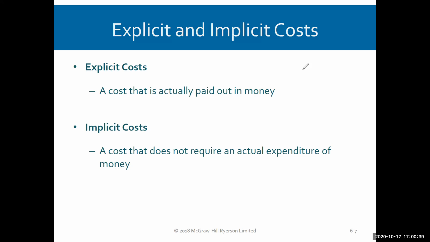But we also have something called implicit cost. And we're getting at opportunity costs here. It is a cost that we account for, but it doesn't require an actual expenditure of money. Like, what the heck does that mean if we're not actually paying out any money? It's like if you have your own business and at night you sit down, as my dad used to do on a small business he had, and he'd spend his time issuing bills to his customers, he'd do bookkeeping, but he wouldn't pay himself a salary to do that.